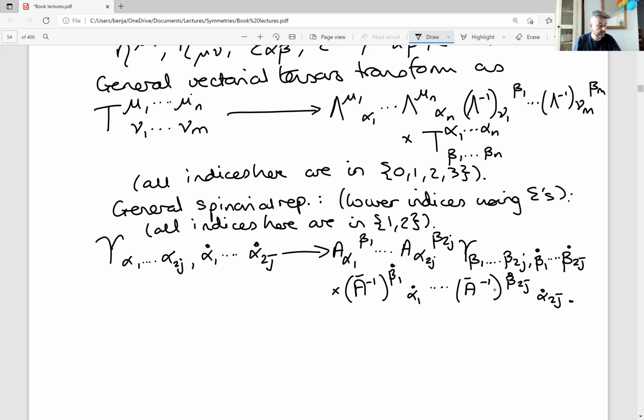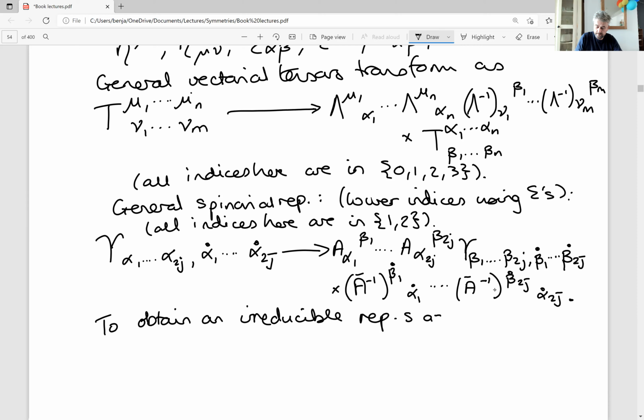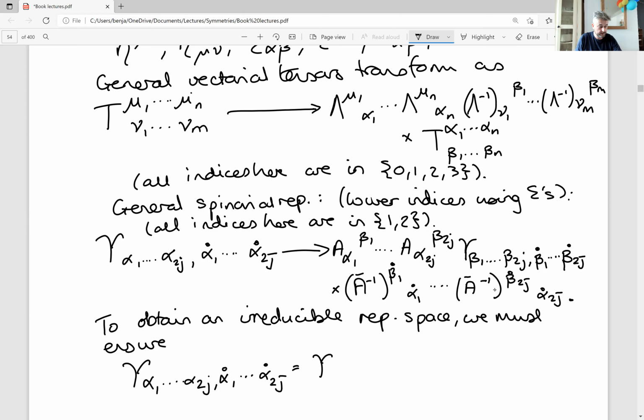Okay, to make sure you get an irreducible representation space out of this, we must ensure that this upsilon is symmetric in each set of indices.